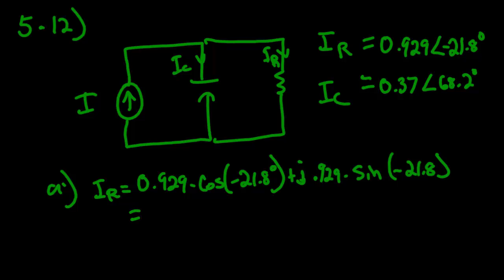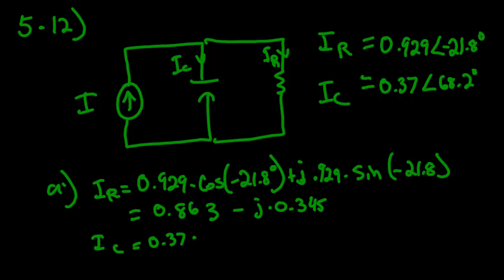This gives us 0.863 minus J times 0.345.